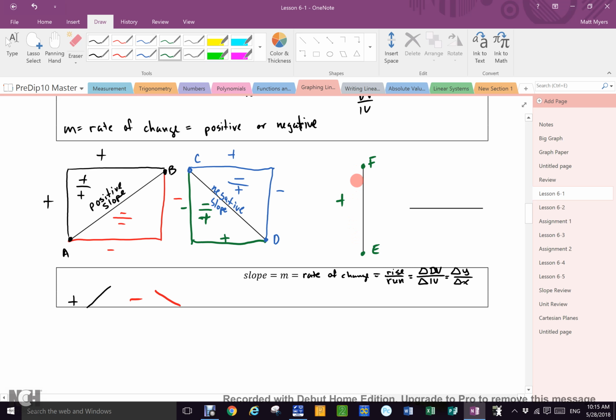Positive. Divided by what? 0. I didn't go anywhere side to side, did I? Can you divide by 0? No. So this is what we call undefined. Because it is technically infinite, isn't it?